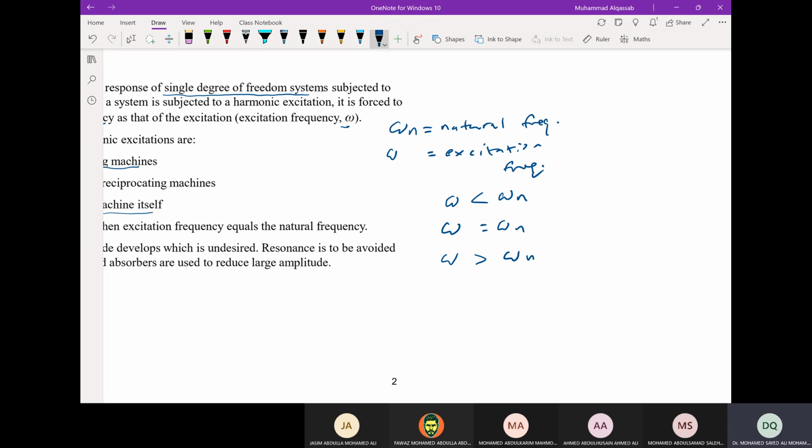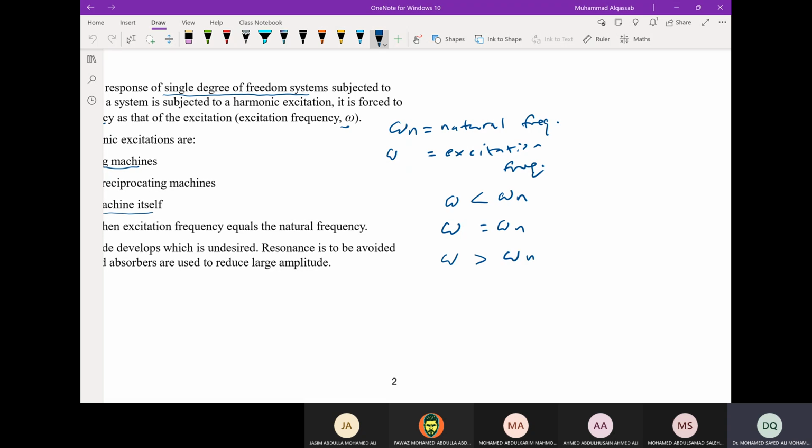Okay, the amplitude here, omega is less than omega n. The response of the system will be slower than the frequency, because if you let the system oscillate under free vibration, it will complete cycles per second faster than if it is under omega.